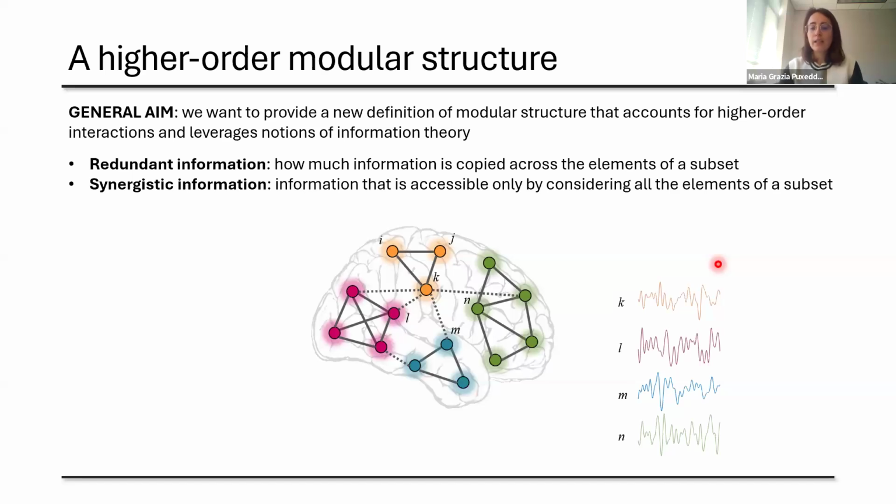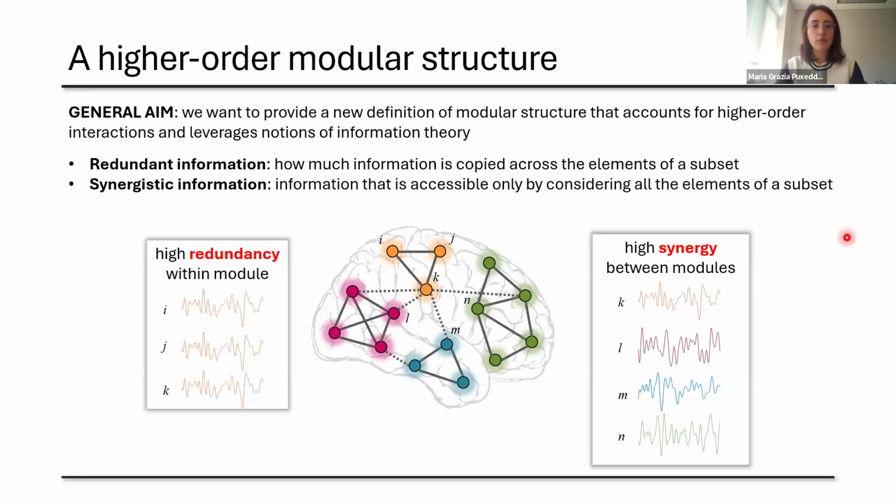And so ideally, what we want to find is a community structure that displays high redundancy within modules. So the time series depicting the brain activity of nodes within one cluster show high redundancy, so they carry the same information to the system.